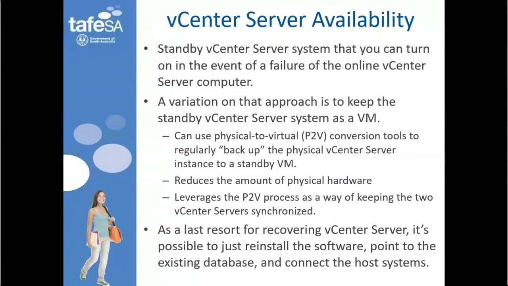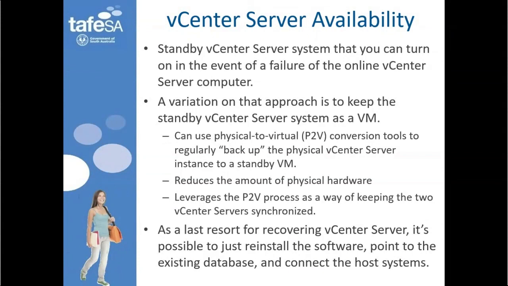With the VMware Converter, we can take an existing physical server and make it into a virtual machine. Sometimes you could reinstall and reconfigure the services to be just like the physical one, but with P2V, we can cheat a little bit and make it faster. We take all of this and make it into a virtual machine.